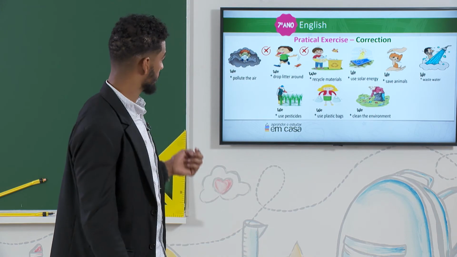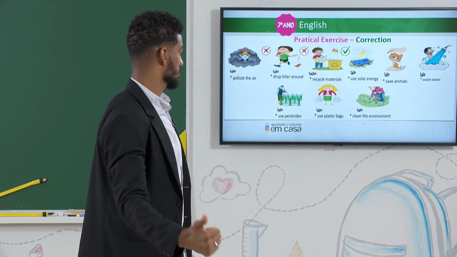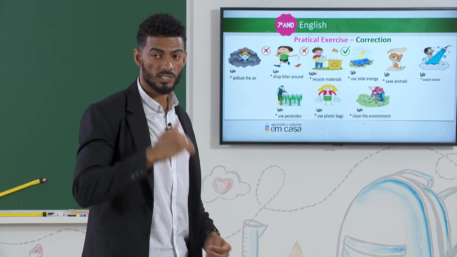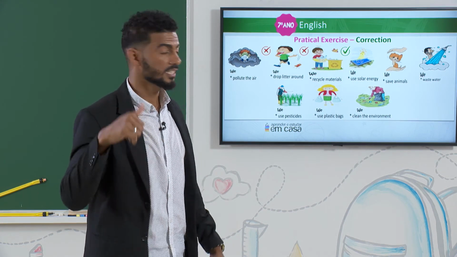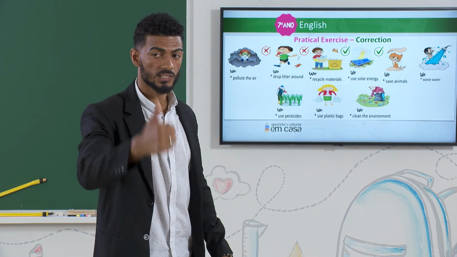What about number 3? Recycle materials. Is it a good action or bad action? Cool. Is it a good action? We should recycle materials to save the environment. What about number 4? Using solar energy. Is it a good or bad one? Cool. It's a good action.